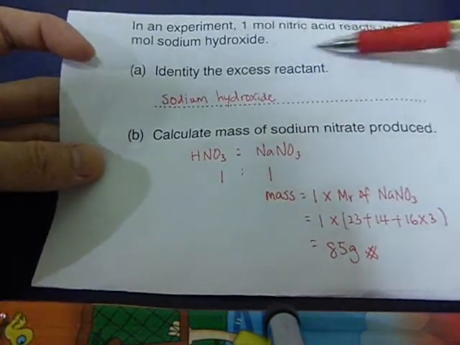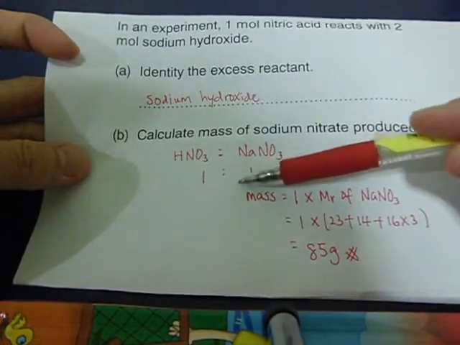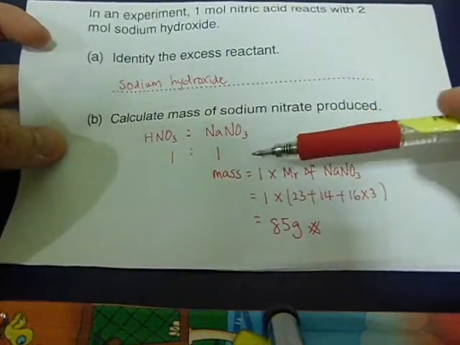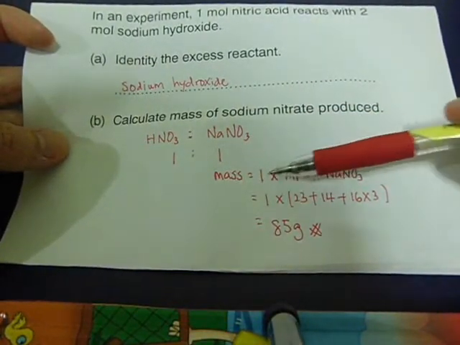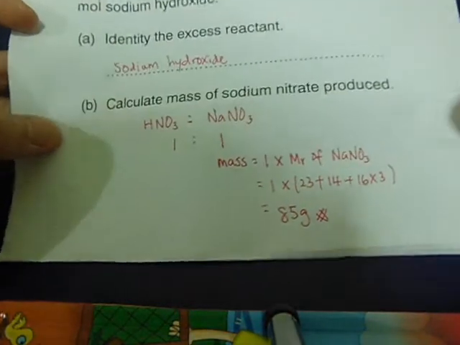So 1 mole of nitric acid would produce 1 mole of sodium nitrate. And for 1 mole of sodium nitrate, the mass would be 1 times the MR, and that would be 85 gram. Right? Let's look at the second example.